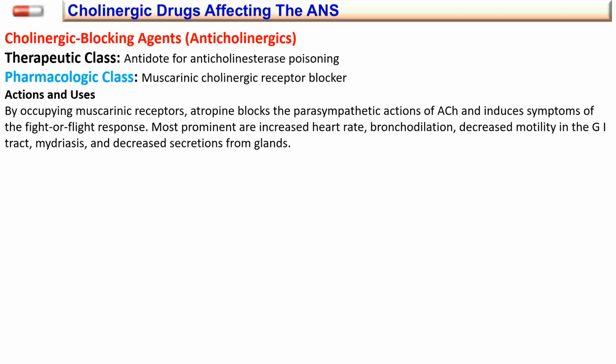Although atropine has been used for centuries for a variety of purposes, its use has declined in recent decades because of the development of safer and more effective medications.